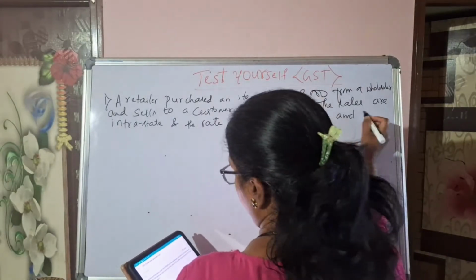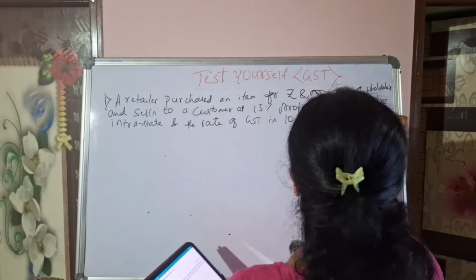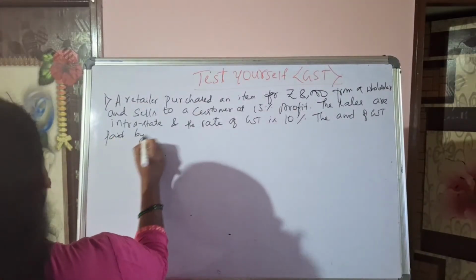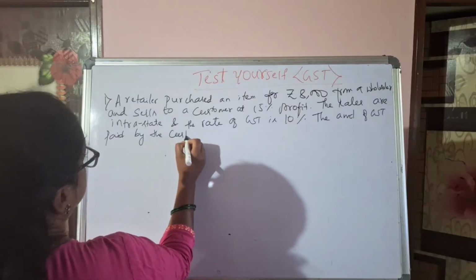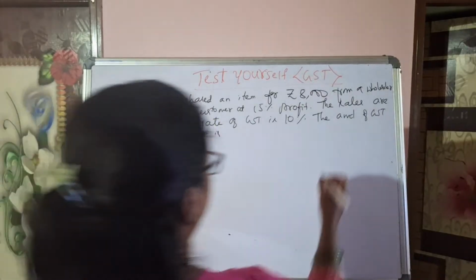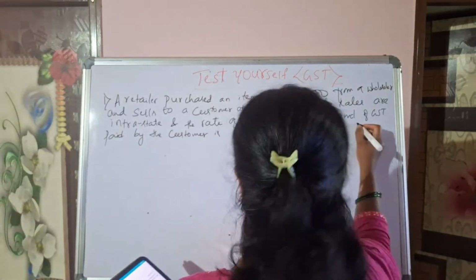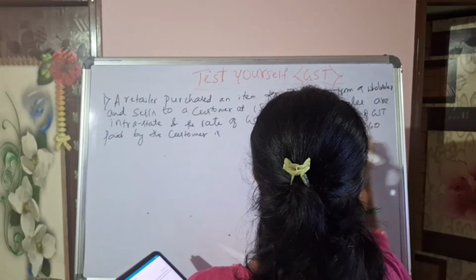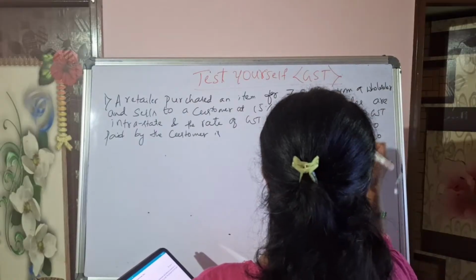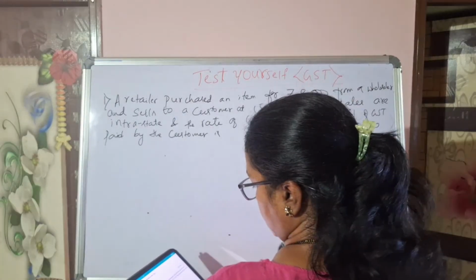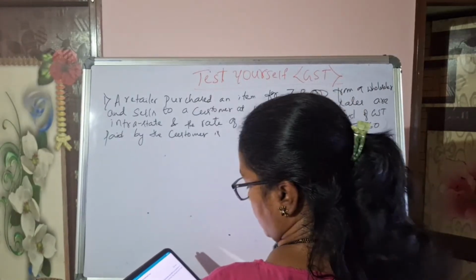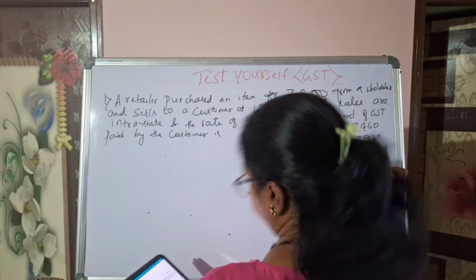The amount of GST paid by the customer is, four options they have given: rupees 460, rupees 920, rupees 1840 and rupees 92.